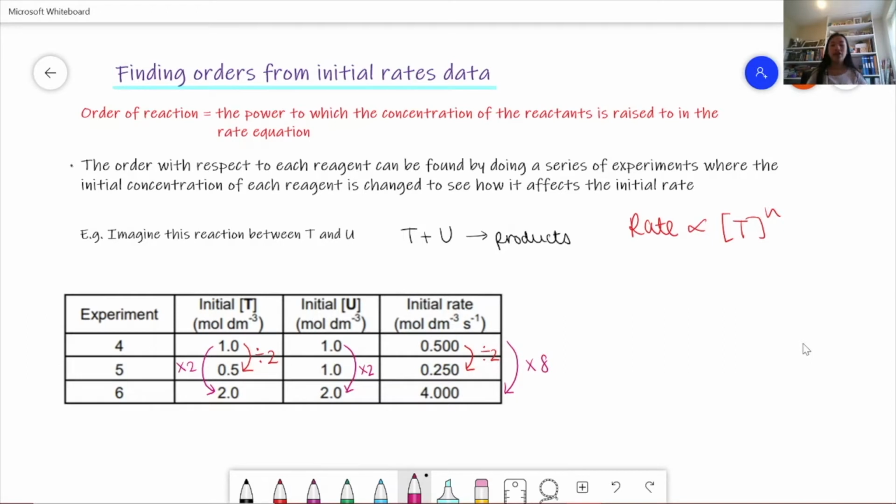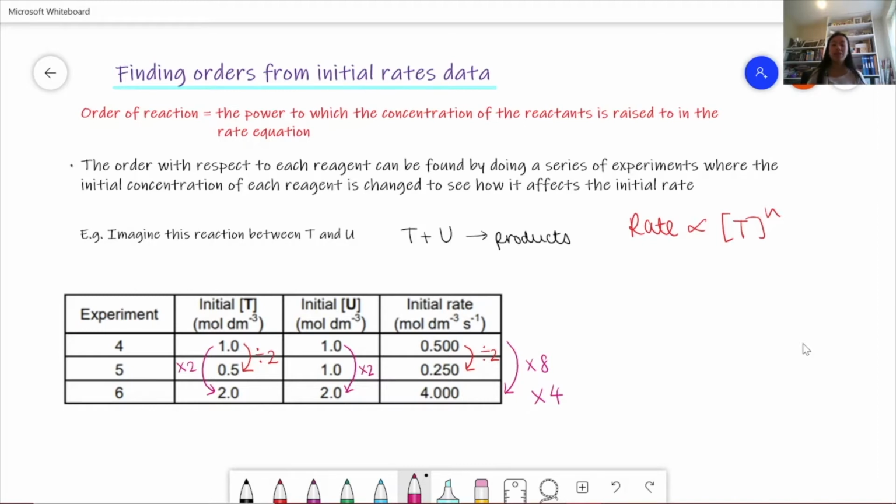So now we have a look at the concentration of T. So we worked out that the order with respect to T is 1. So if we multiply the concentration of T by 2, that means that the initial rate will also multiply by 2. And so that leaves us with times 4. And so what that means is that if we times the initial concentration of U by 2, then the initial rate we have found out multiplies by 4.